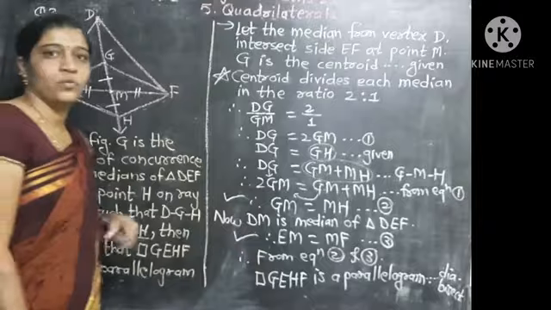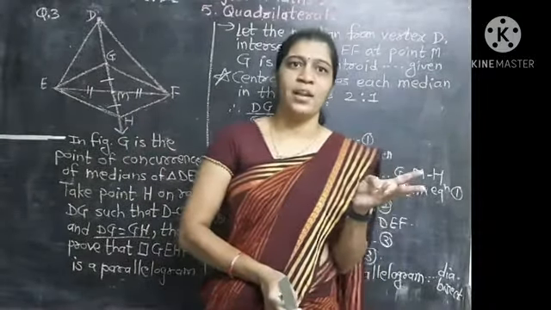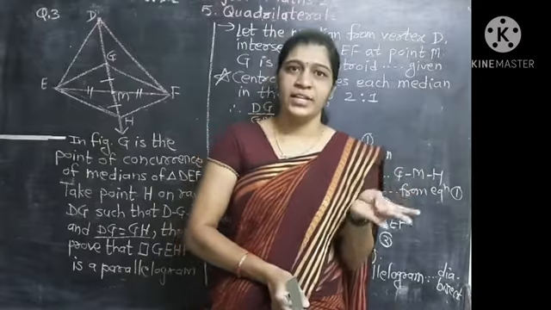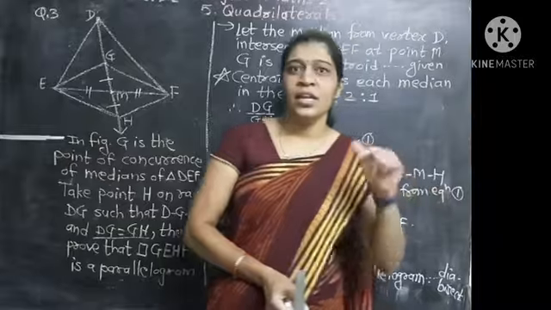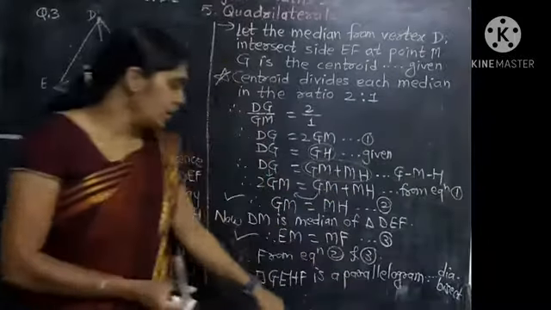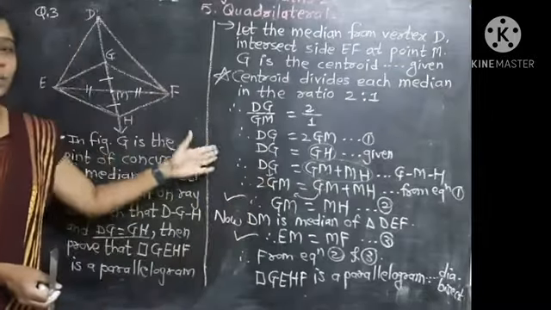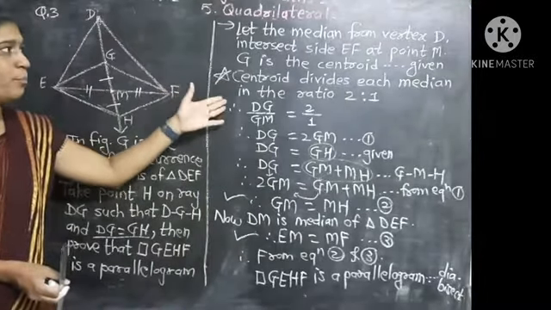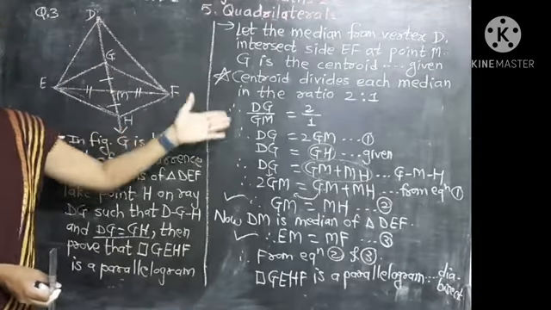So for proving a parallelogram, you must know opposite sides are parallel or congruent, opposite angles are congruent, or diagonals bisect each other. Any one of these can prove that the given quadrilateral is a parallelogram. Okay, understand? Here we use the property of median. Centroid is given, therefore we use the property of median.